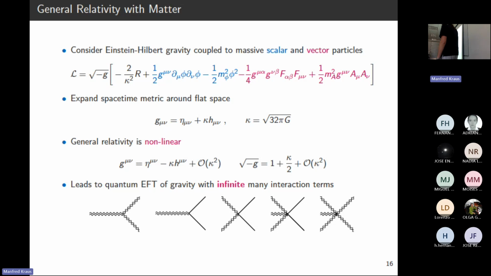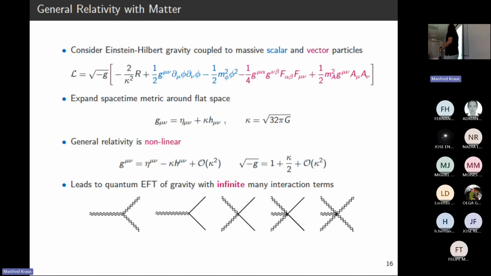So you have three graviton interactions, you have five gravitons, n graviton interactions, you have two scalars with one graviton, two scalars with two gravitons, and so on. But for a specific amplitude, only a certain subset of these things actually contributes, so you don't really have to deal with all of them. They're infinitely many.